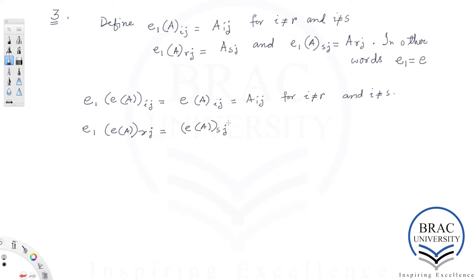From the definition of E1, which is exactly the definition of E. And E of A Sj is simply Arj, right?